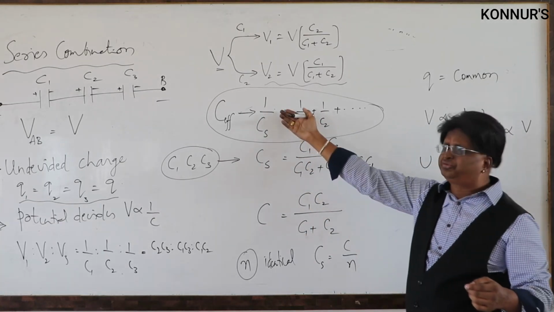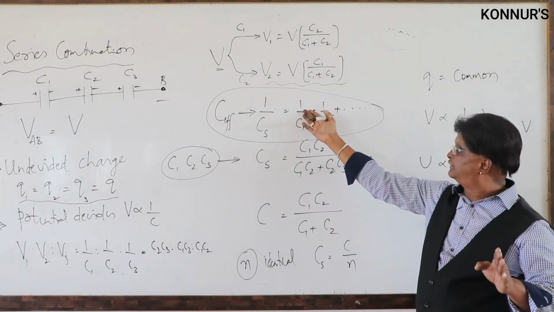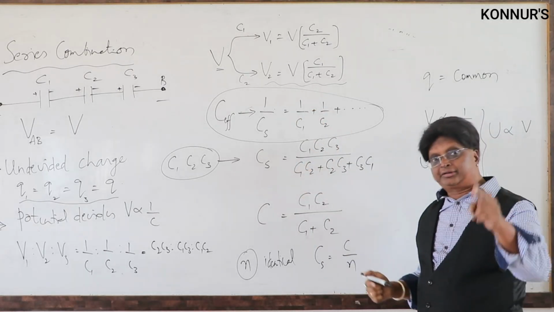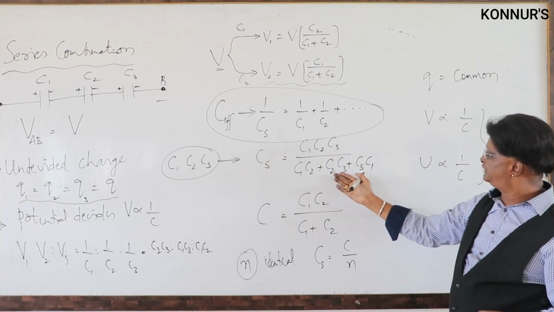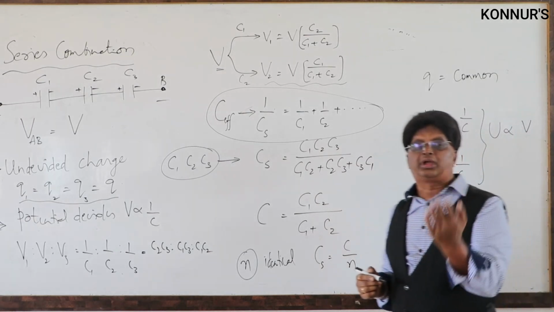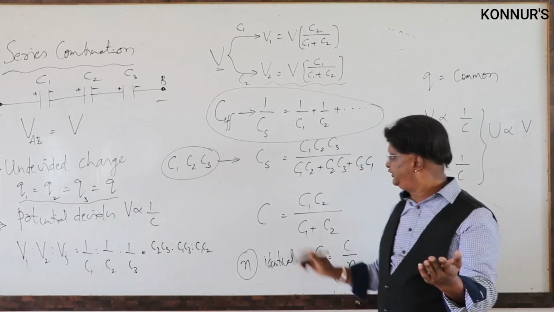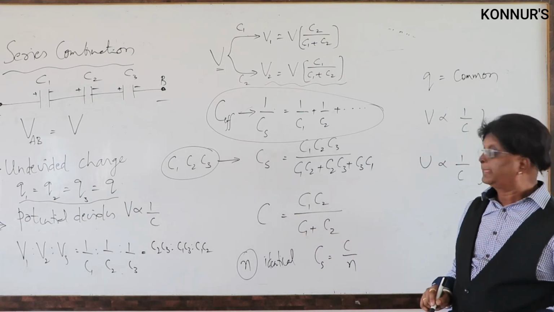Please do remember you are writing 1 by CS, not directly CS in this case. And I am showing you that directly you can write CS as C1 C2 C3 upon C1 C2 plus C2 C3 plus C3 C1. But most of the time you will find a 2 capacitor series combination, then you will use it as C1 C2 by C1 plus C2.